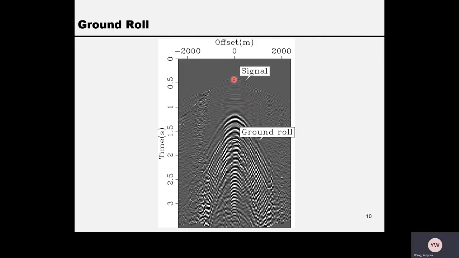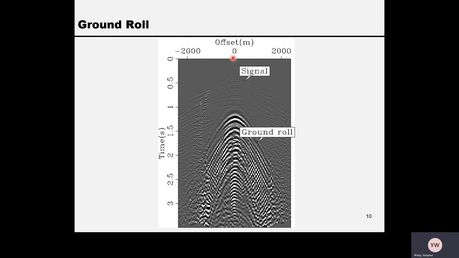You think about a straight line of receivers along the x direction, but your source is not on the same line. We have an offset. So the source is outside of the receiver line.